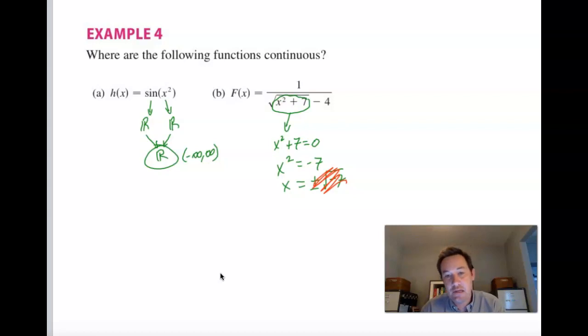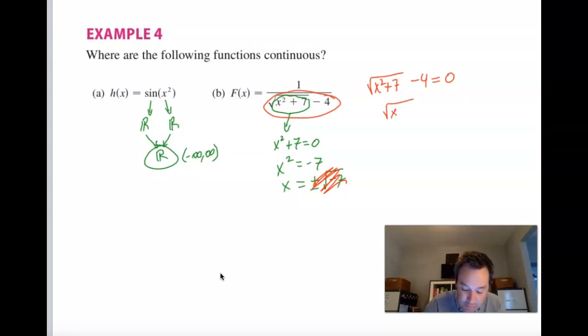But we also, in this case, don't want the denominator to be 0. So now we're going to take a broader view at the overall denominator. So we don't want the square root of x squared plus 7 minus 4 to equal 0. So now let's see if we can solve this, and we may have to eliminate some values from our domain from there. So root x squared plus 7 equals 4.